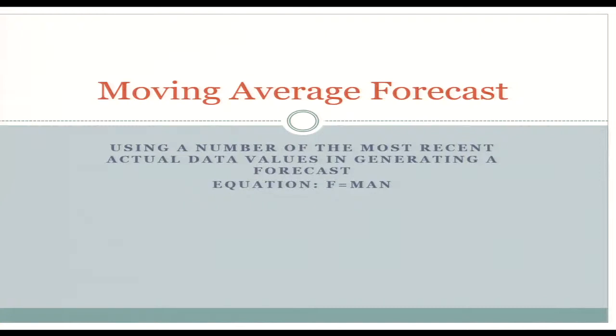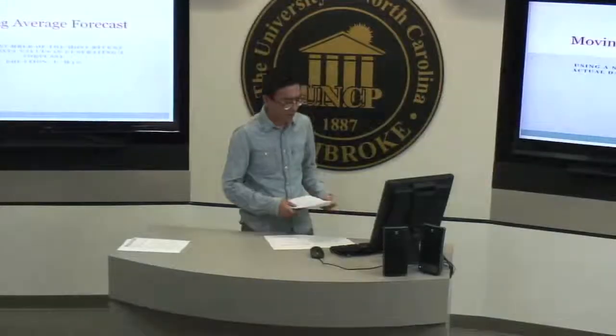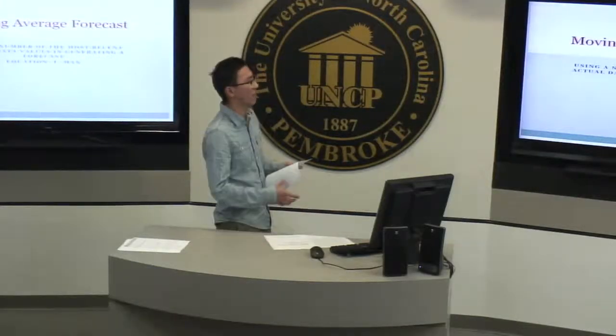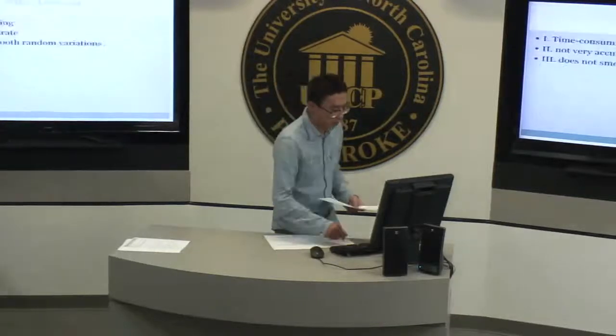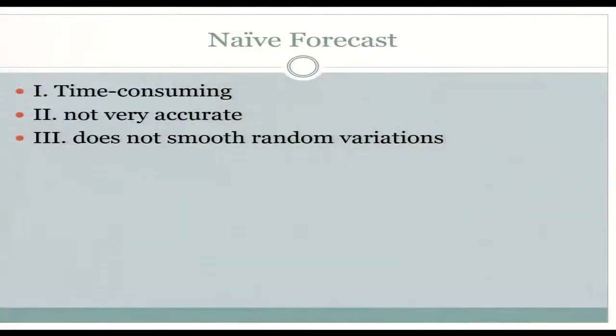Okay. My approach is the moving average forecast, because naive is kind of naive. So we decided to choose another forecast method, which is moving average. And this is the disadvantage of naive forecast, but this is not very important.